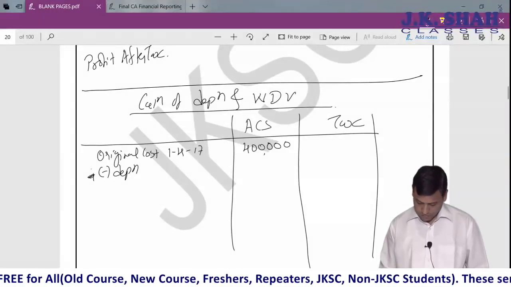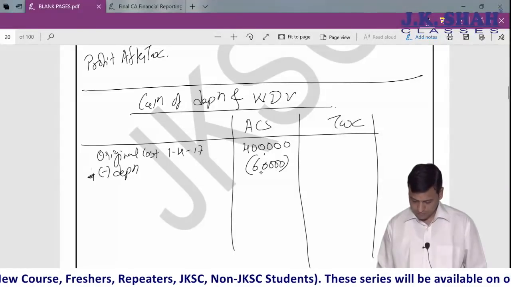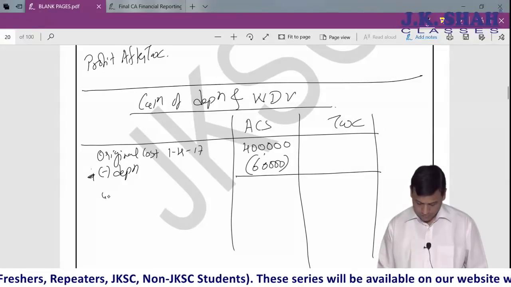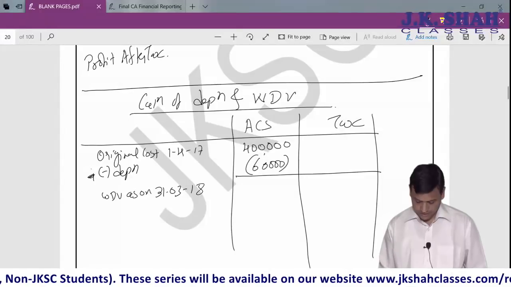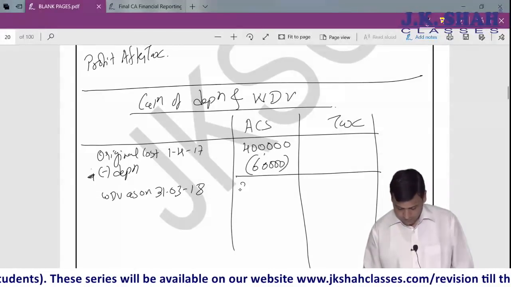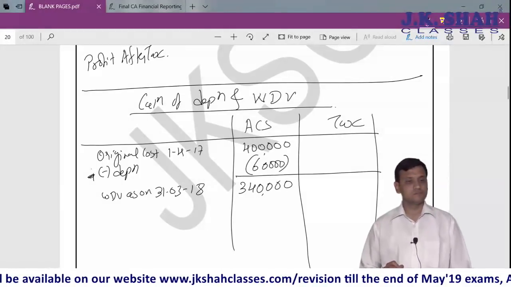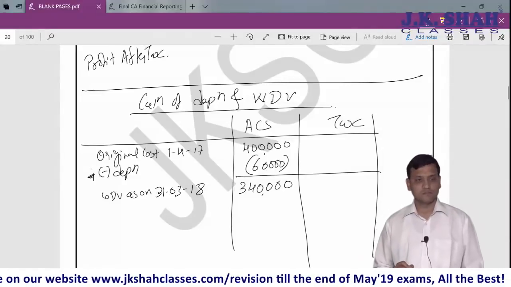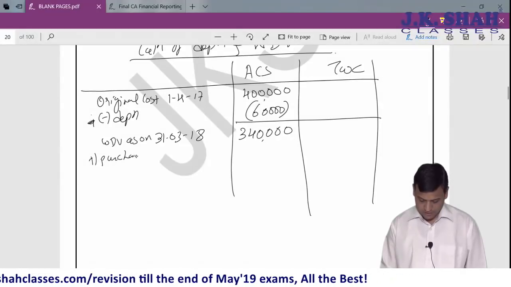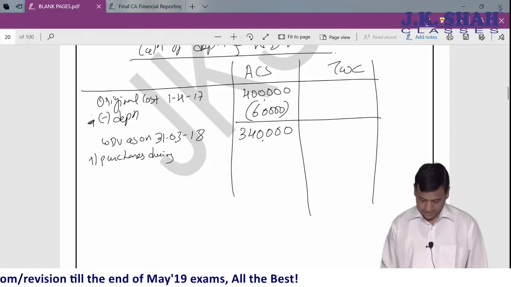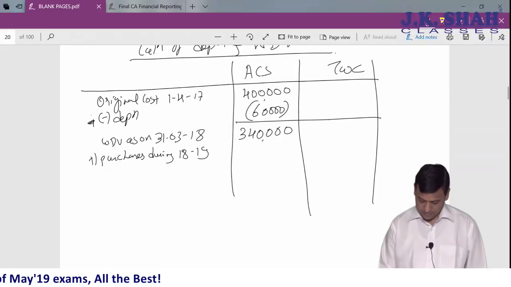So, 60,000. So, my WDV on 31st March 2018 is 3,40,000. Then again there are purchases during 18-19. Yeah, in 18-19 there is a purchase of 3 lakhs.